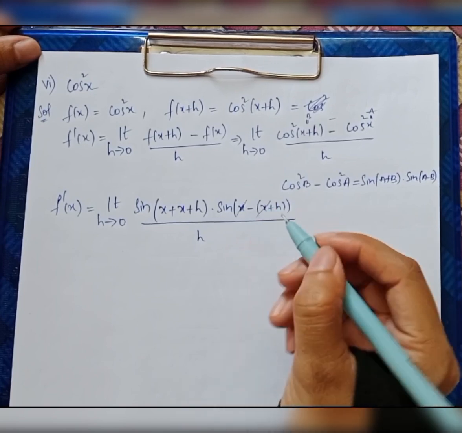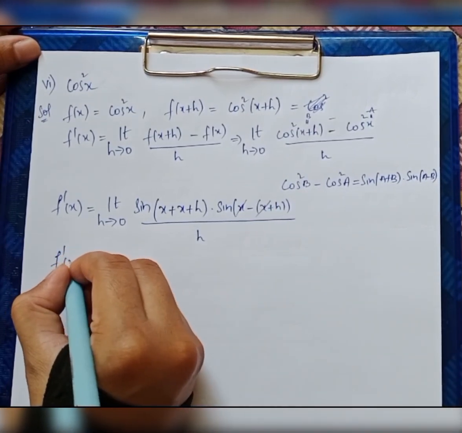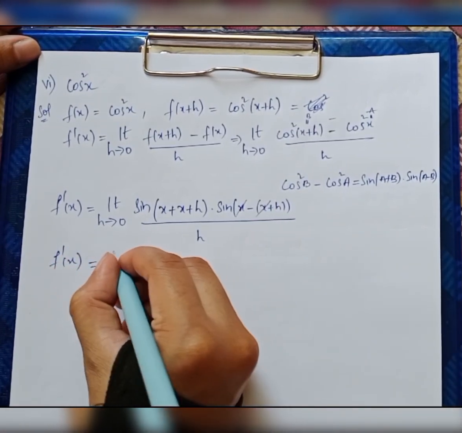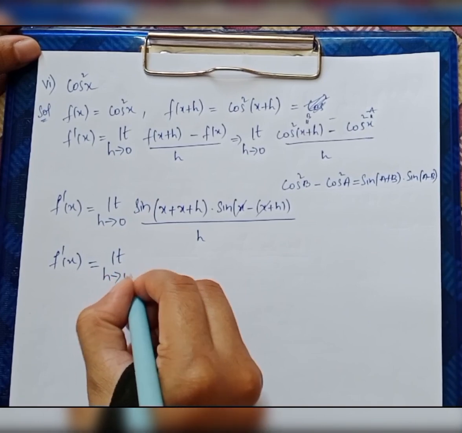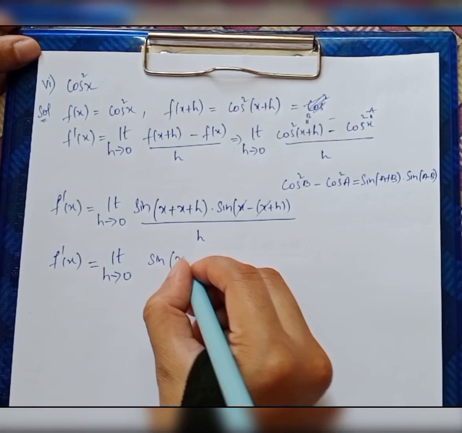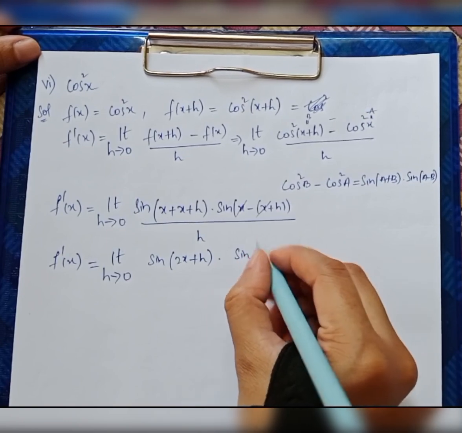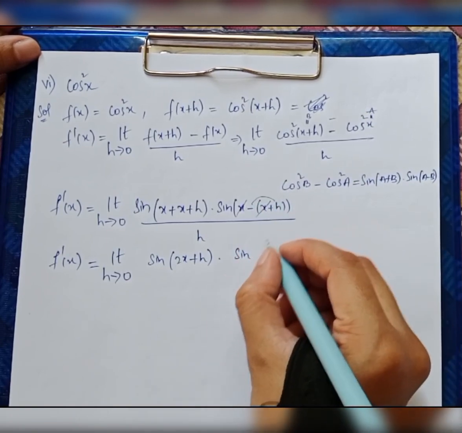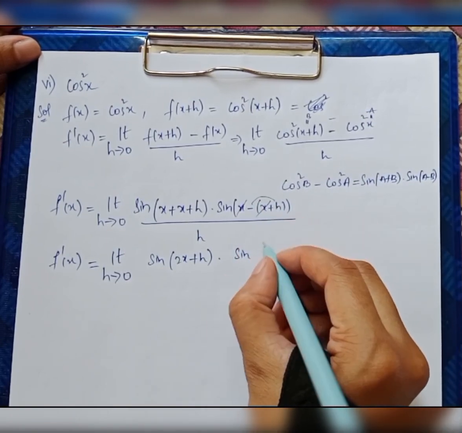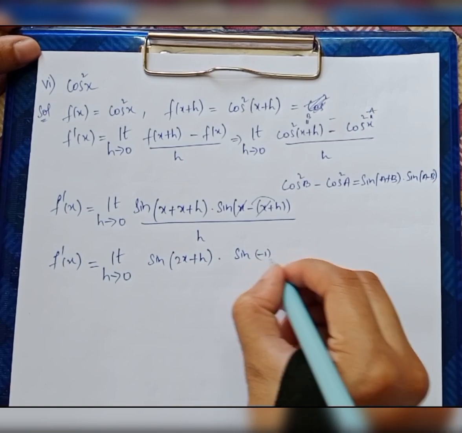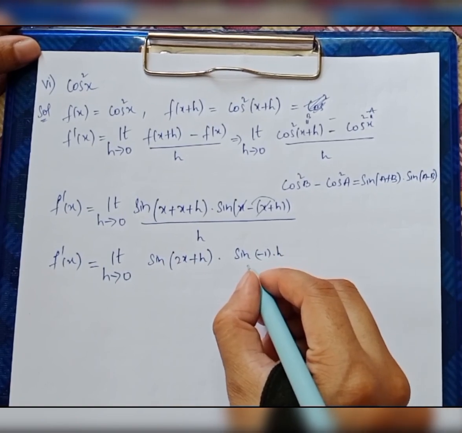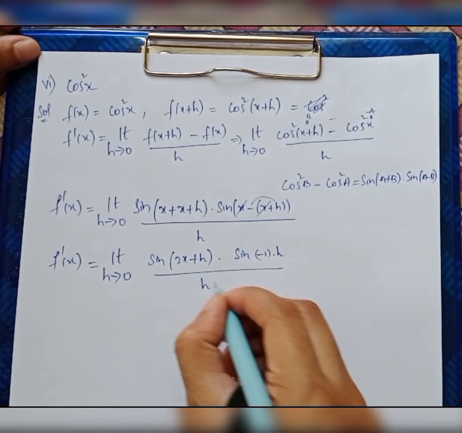Here this minus and plus get cancelled, so f'(x) equals limit h tends to 0 of sin(2x + h) into sin, here it is minus h, so the coefficient of h is minus 1, into h, whole by h.